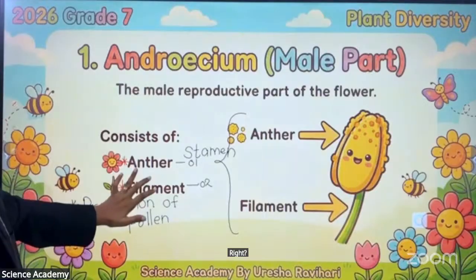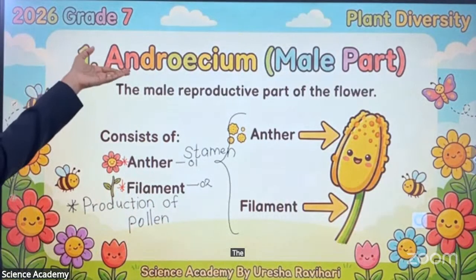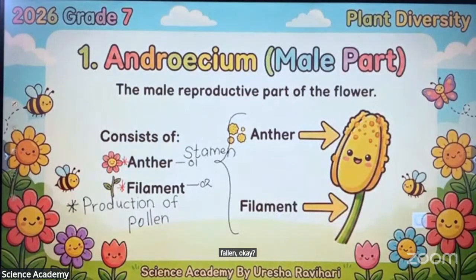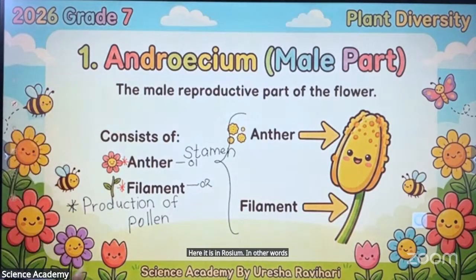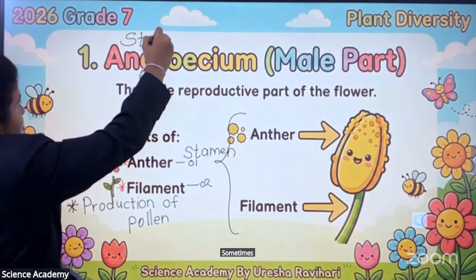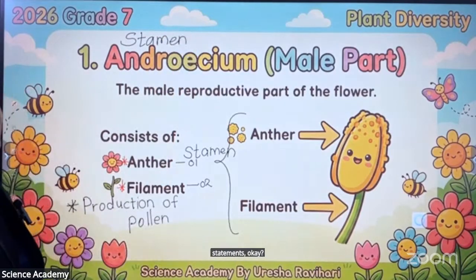You can write down first one anther, second one filament, and the function of this androsium is production of pollen. Okay? Here this androsium, another word, it's called stamen also. Sometimes some question papers have given stamens. Okay, stamens.